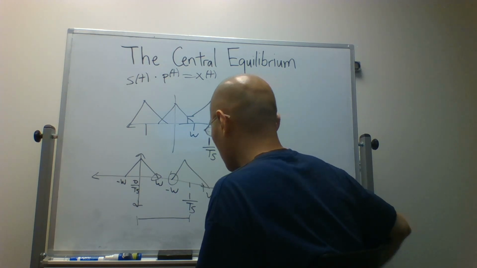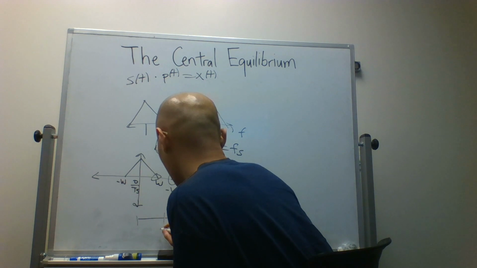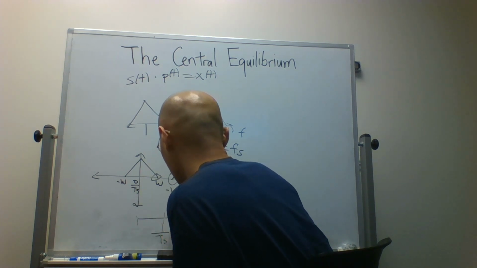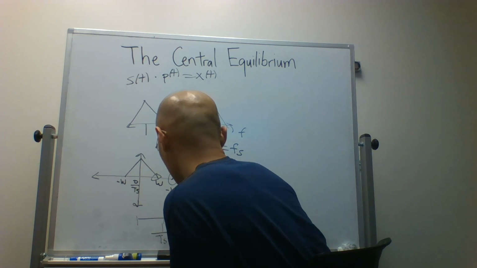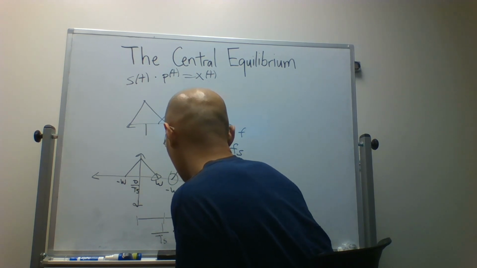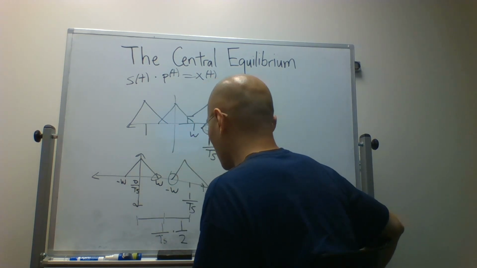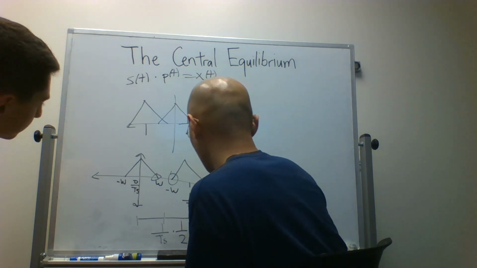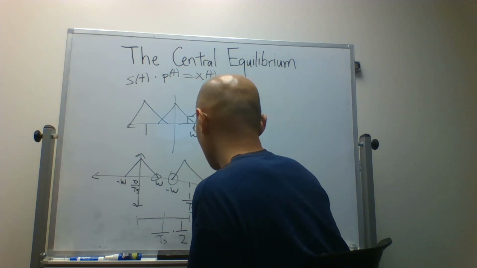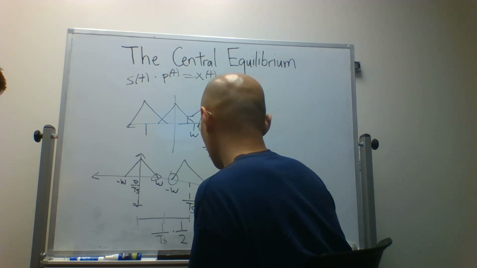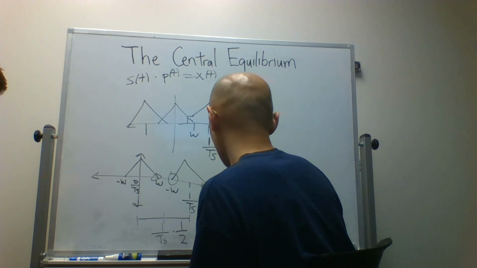So it seems like this distance right here is 1 over t sub s times a half. So then w has to be less than or equal to 1 over 2 t sub s.